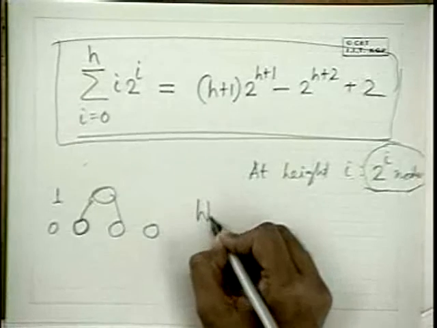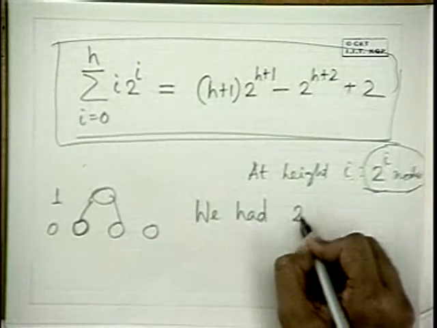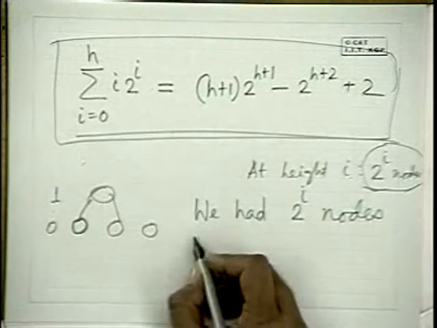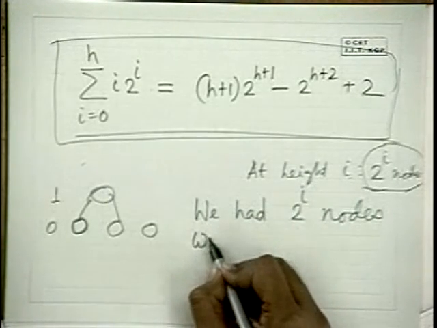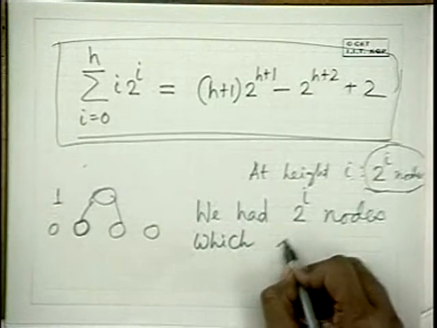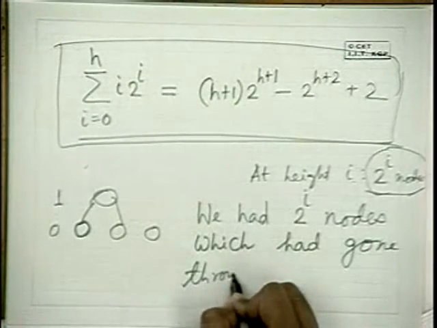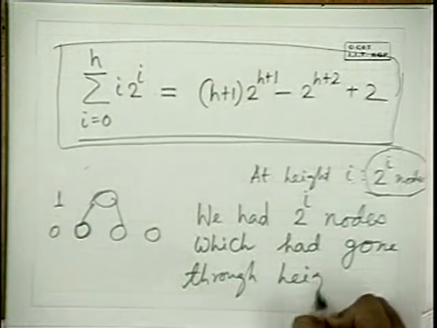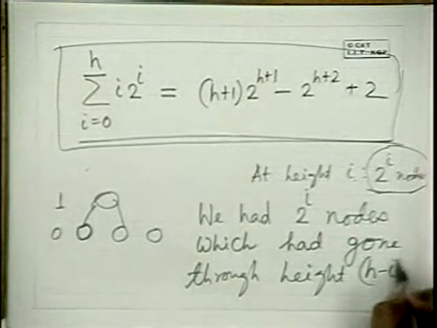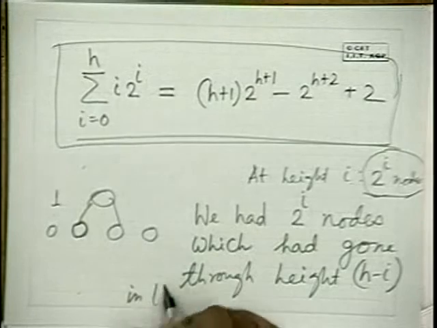Let's sum that up, because that's the total complexity. So the total complexity was: we had 2 to the power i nodes which had gone through height h minus i in the worst case.